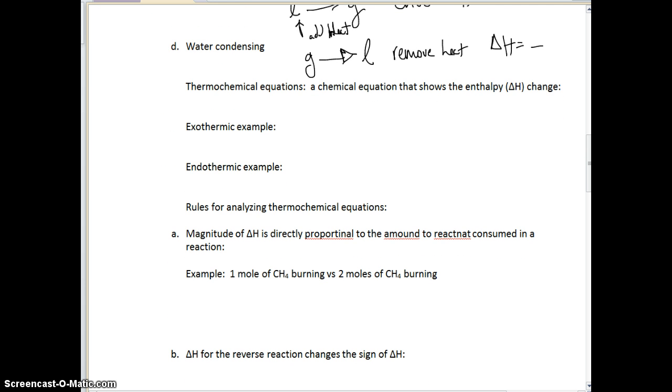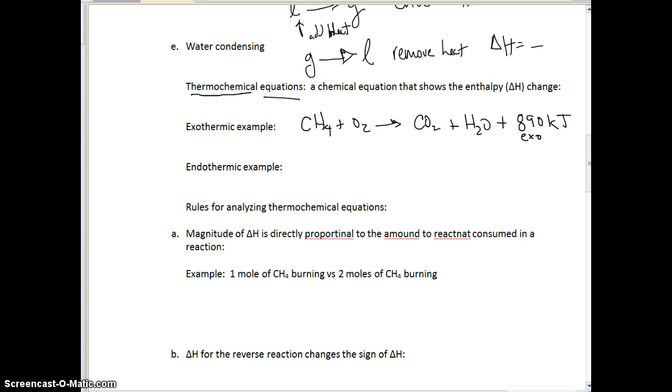Now, the next thing I want to talk about real quickly here is what we call thermochemical equations. These are chemical equations that show the enthalpy change. So let me give you an example of an exothermic example. We can write them two ways. Let's say we have methane burning in oxygen to give you carbon dioxide plus water. One of the ways we can show an exothermic example is we can actually put the heat value over here on the product side, and that is going to be an exothermic reaction.